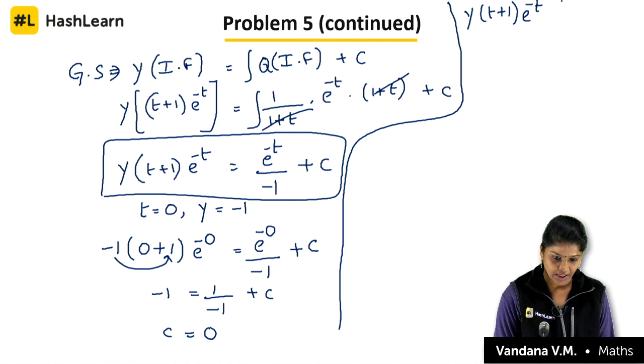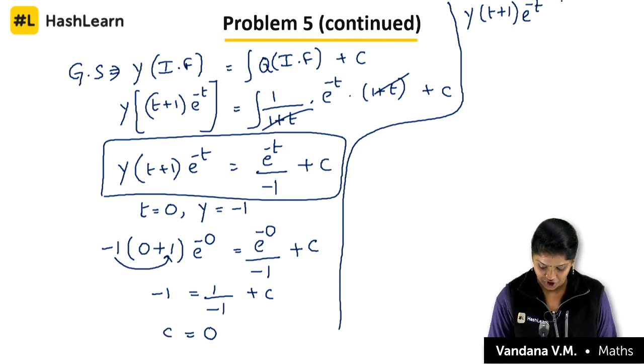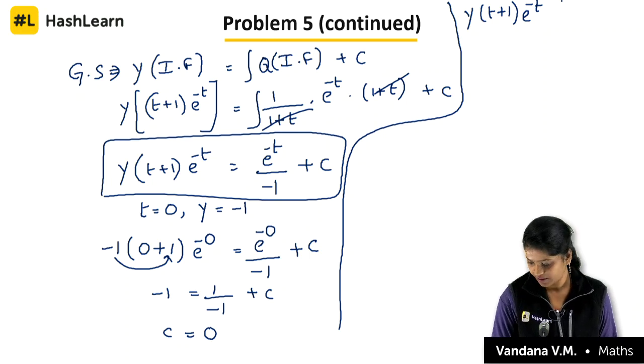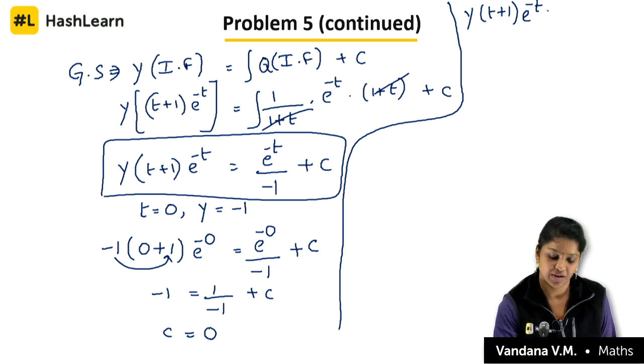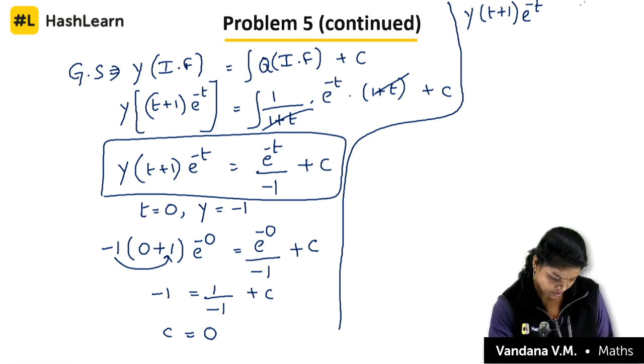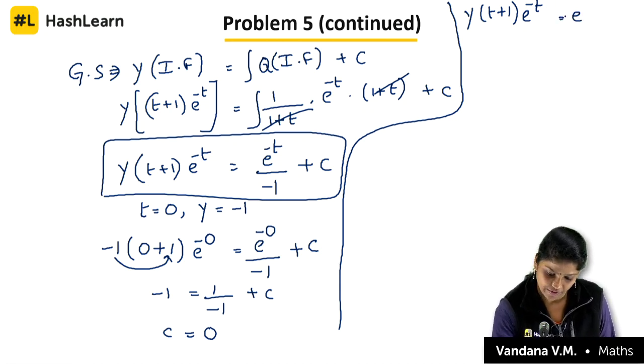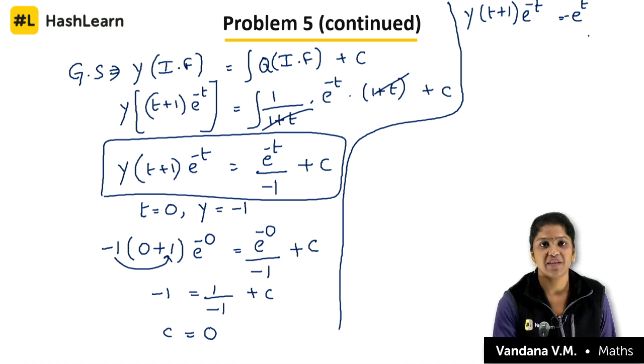Somebody gave the answer? Radhika, right? Yes, let me check, children. I don't know which problem we are doing. Yes, correct, Radhika. y into t plus 1 e power minus t, e power minus t, c value 0.